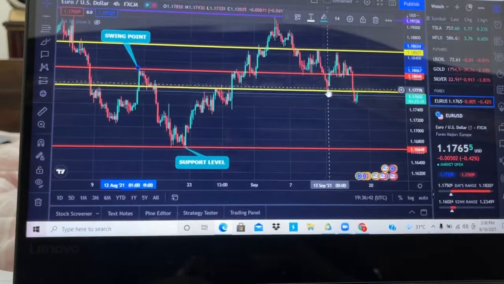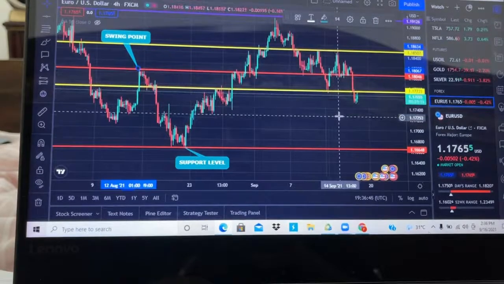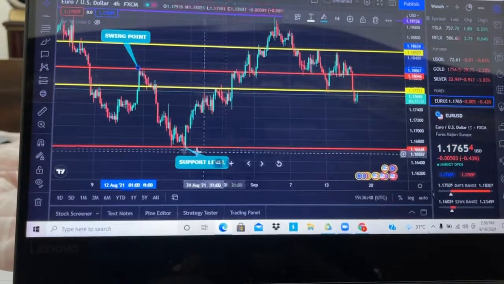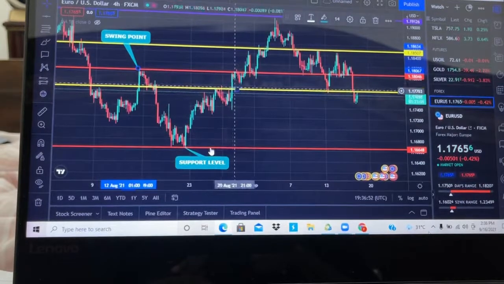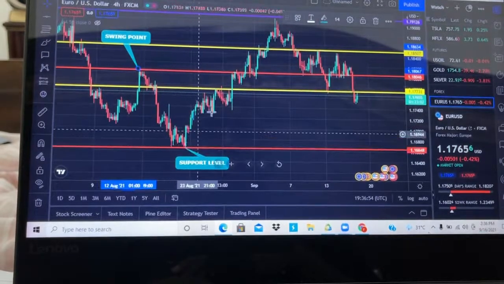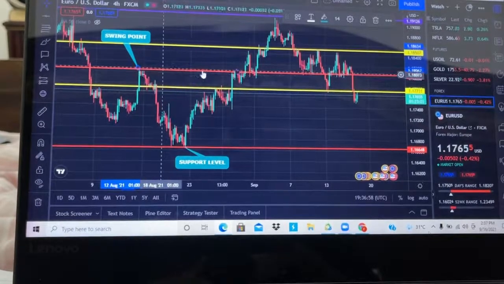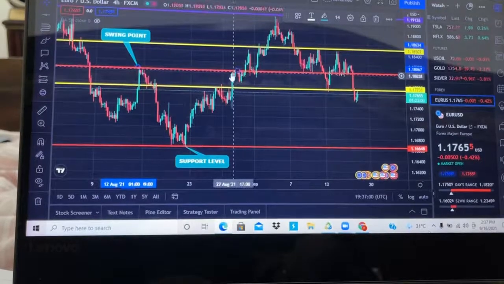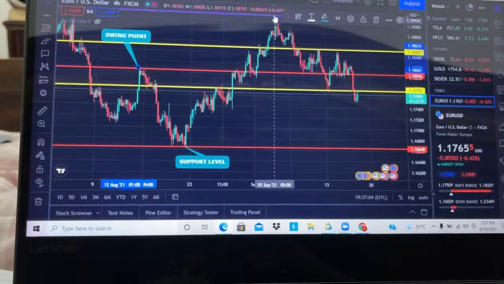Sometimes the market will go beyond 50 pips. Okay. So that's why it creates this new support. This was the support, but then it went higher. So this swing point would now be considered a support. It went higher and higher, right?